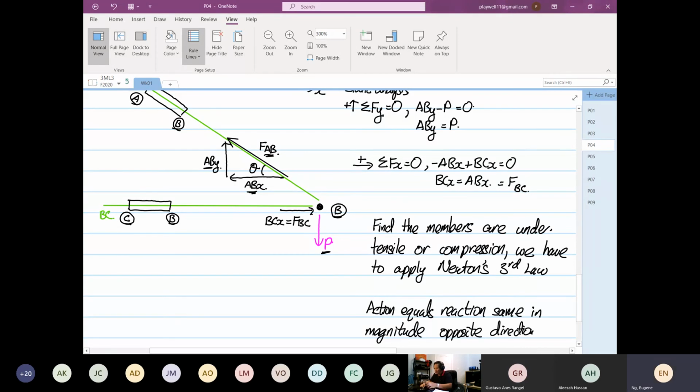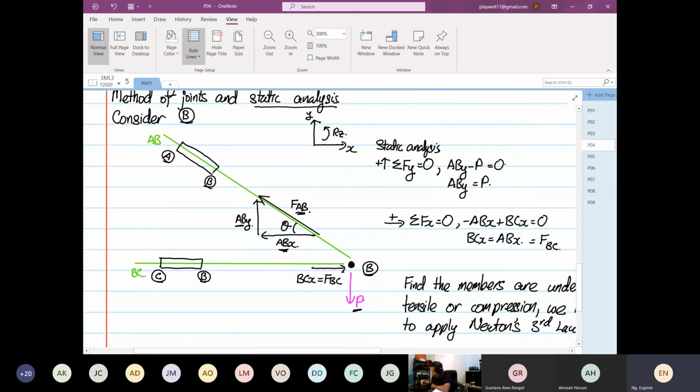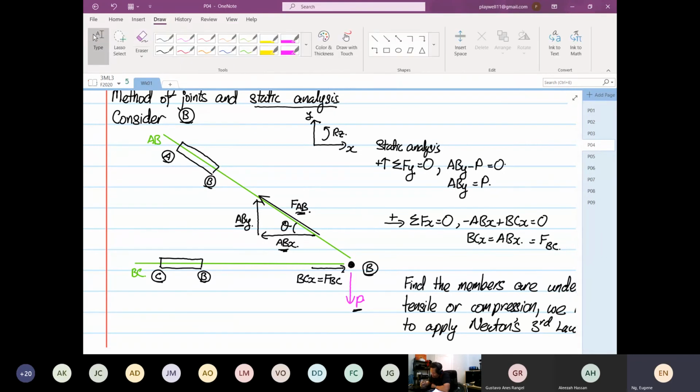Right? So when we apply Newton's third law, what did we say? Action equal to what? Reaction. Same in magnitude, opposite in direction. So if we look at FBC, at point B it is going towards there.